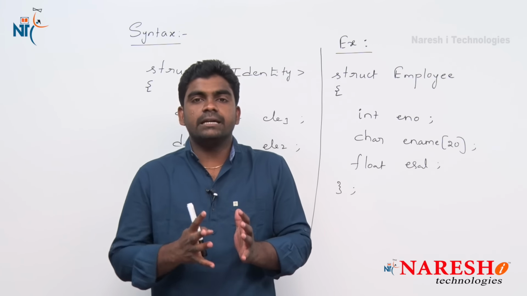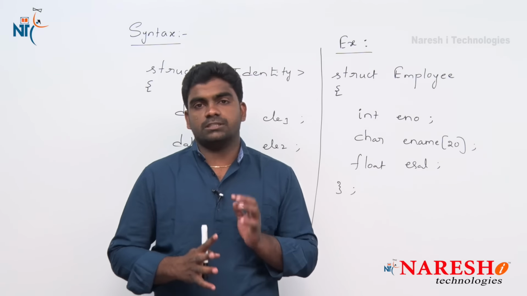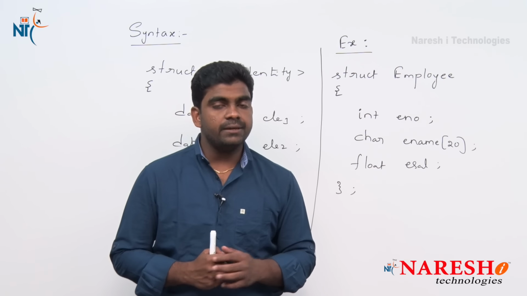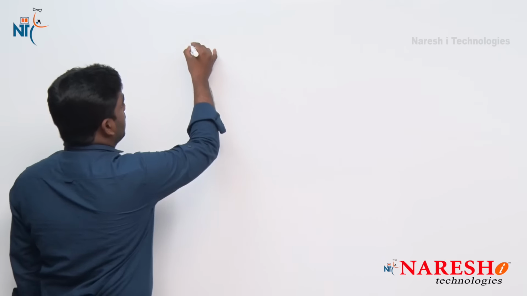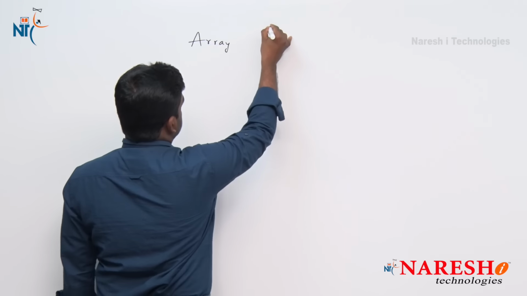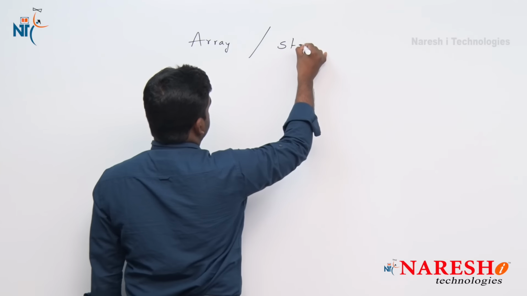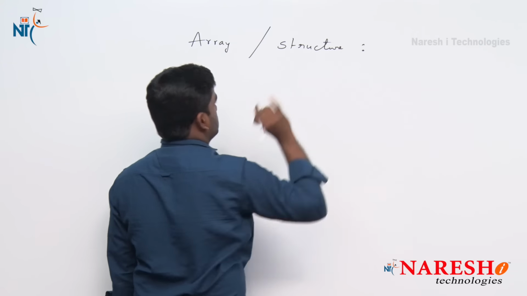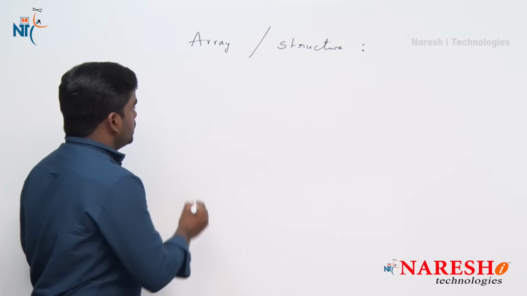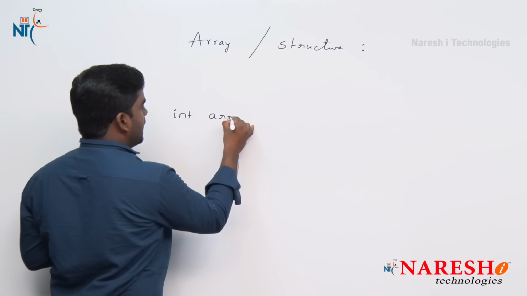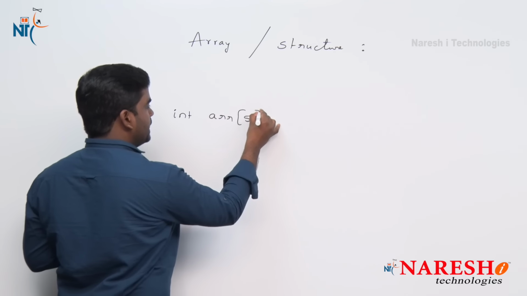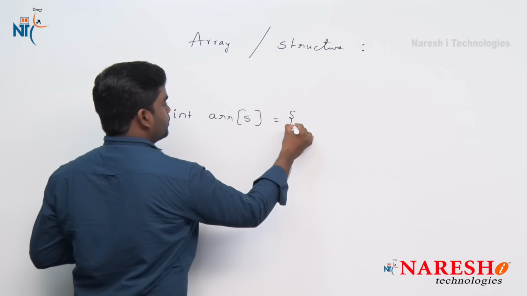Sir, it is okay, but why did they introduce the concept of a structure? Array versus structure. Using arrays, we can store n number of elements, how many elements, no matter.